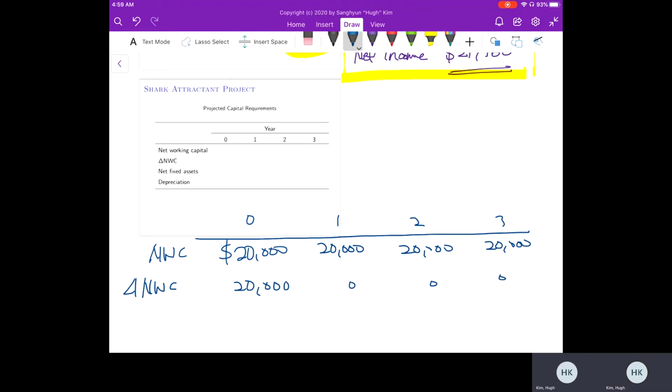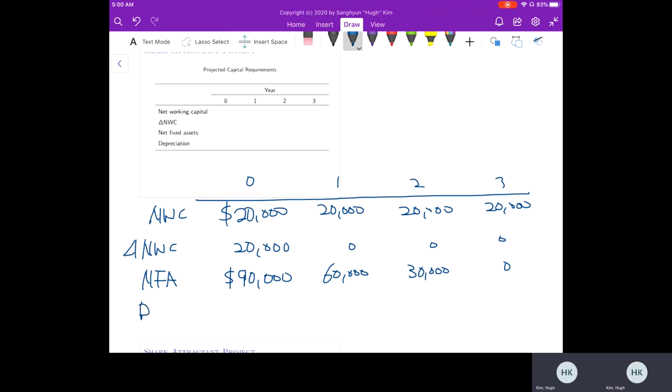How about fixed assets? So net fixed assets. We purchase the equipment, which is worth $90,000, and we depreciate $30,000 each year. So fixed assets net of depreciation would be 60,000 in 1 year, 30,000 in 2 years, and 0 in 3 years.